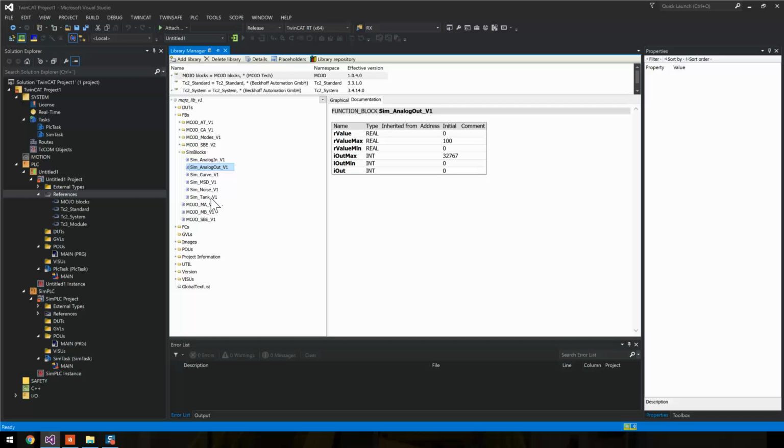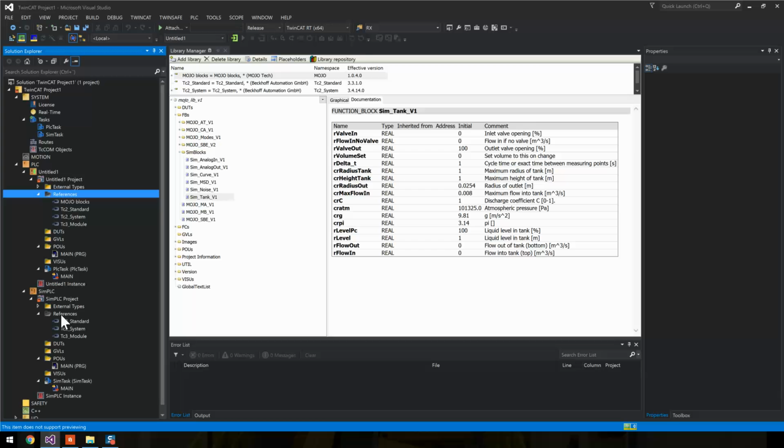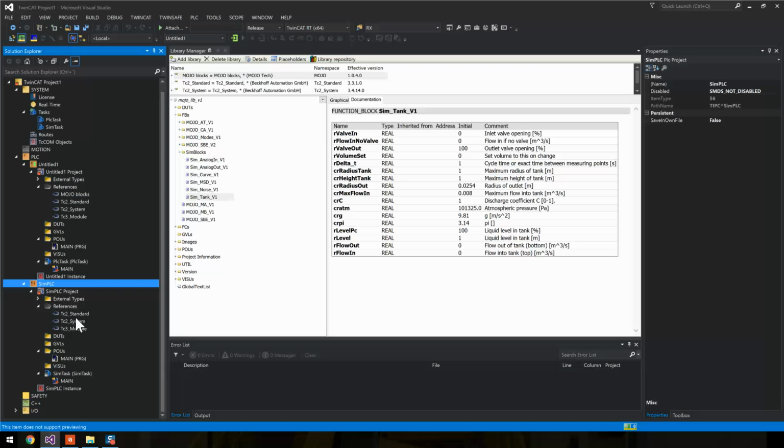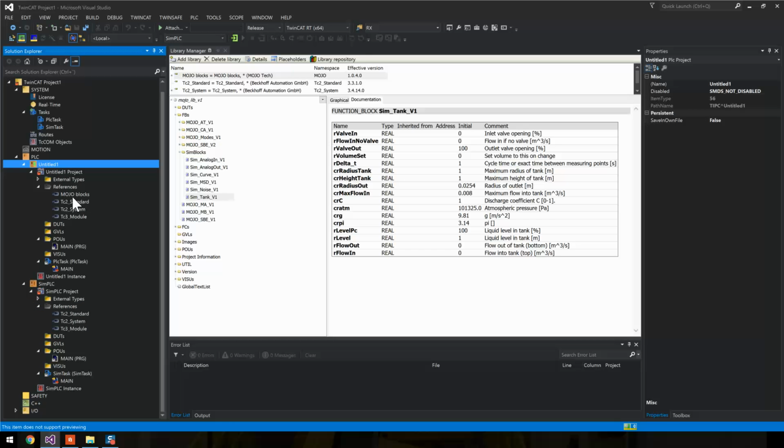So we'll be using 2 of these for the 2 tanks, and yeah, let's just use that. So we'll need to add the library to the simulation part again. Earlier we added it to the Untitled one.